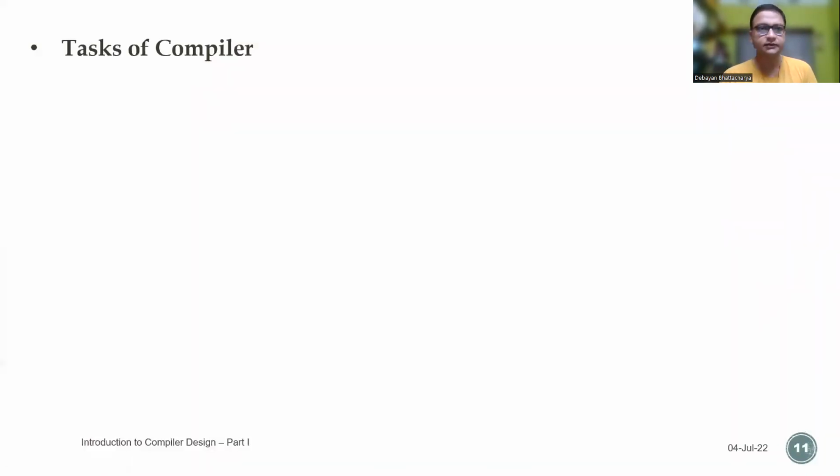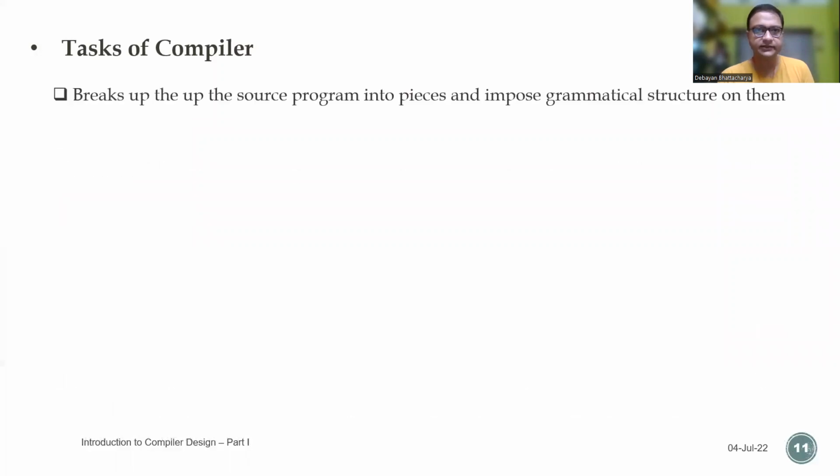So what is the task of a compiler? This is the list of tasks that any compiler must perform. The first is to break up the source program into pieces and impose a grammatical structure on them.